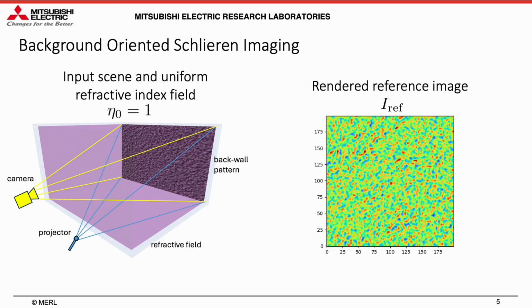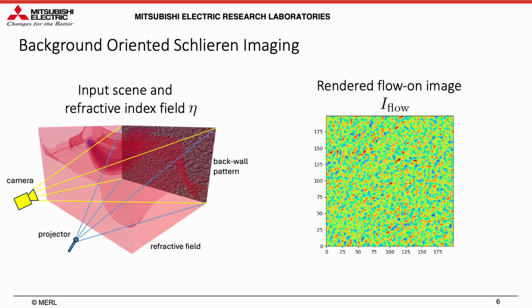Now, to give you a pictorial view of what the Schlieren effect looks like, let's suppose that you have a projector and camera located on one side of the room, and the projector is projecting a pattern onto the back wall. The camera observes that pattern undisturbed when there's no flow. However, when there is a flow that's causing a change in the refractive field, then the camera observes a similar picture, but in this case it would be slightly different than the reference picture when there's no flow.